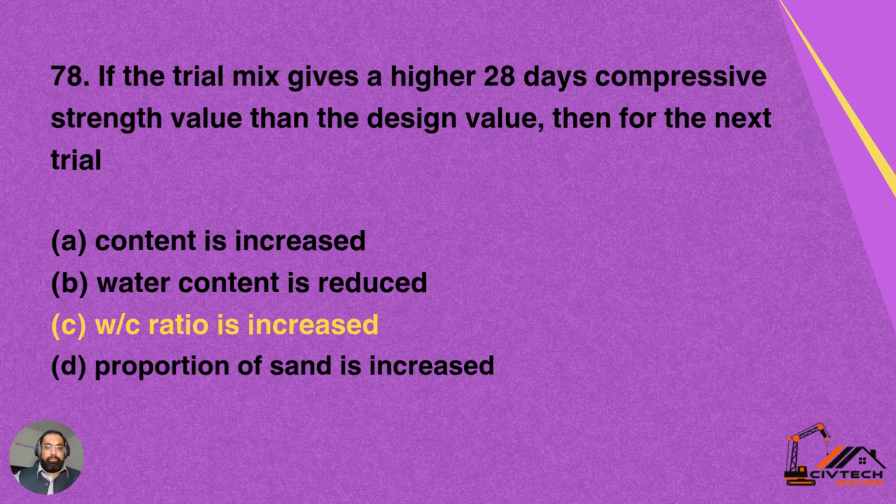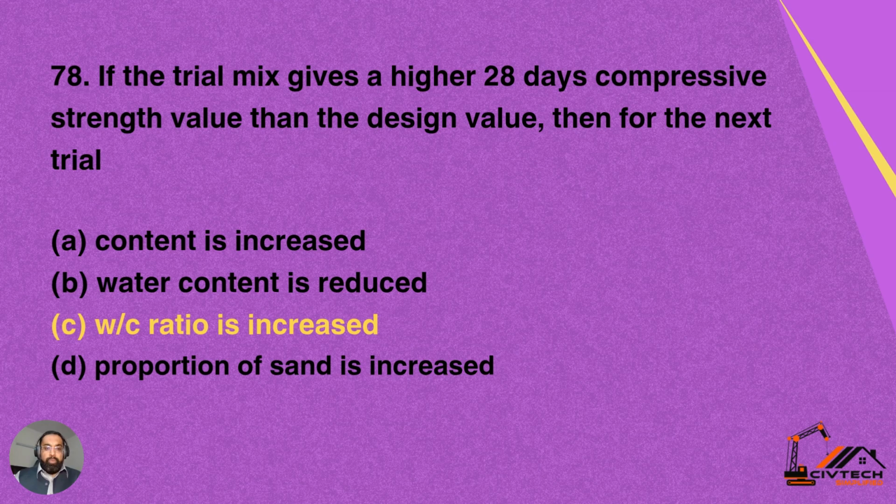Question 78. If the trial mix gives a higher 28 days compressive strength value than the design value, then for the next trial, option A, cement content is increased, B, water content is reduced, option C, water cement ratio is increased, D, proportion of sand is increased.